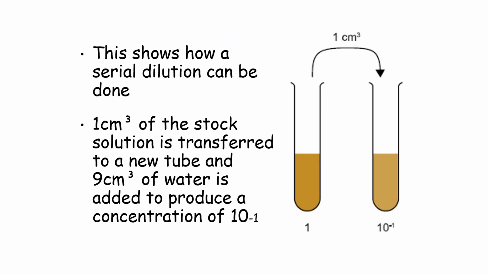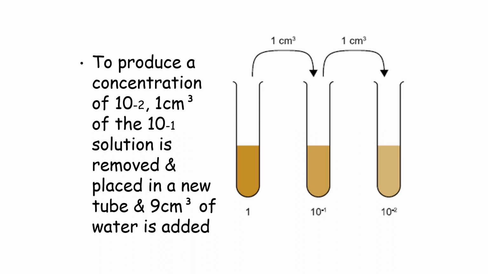Whenever we take 1 centimetre cubed and add it to 9 centimetres cubed of water, we are diluting it 10 times. And so we would get an equivalent of 10 to the minus 1, or we're dividing by 10. If we then take our 10 to the minus 1 and do the dilution, we are again dividing it by 10 once more to get 10 to the minus 2.